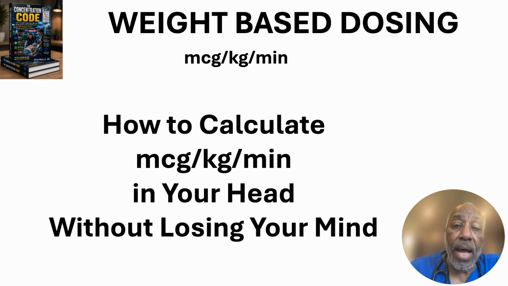Now let's talk about how to calculate micrograms per kilogram per minute in your head without losing your mind. Weight-based dosing is where most clinicians hit a wall. The calculation involves 3 variables at once: the drug concentration, the patient's weight, and the target dose in micrograms per kilogram per minute.